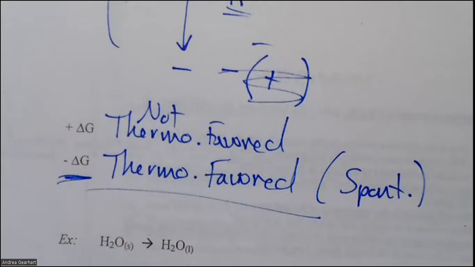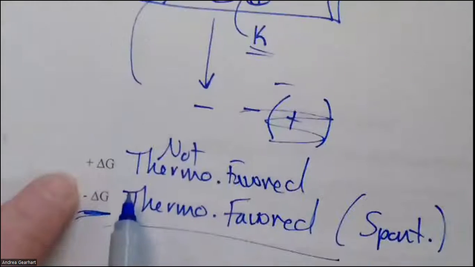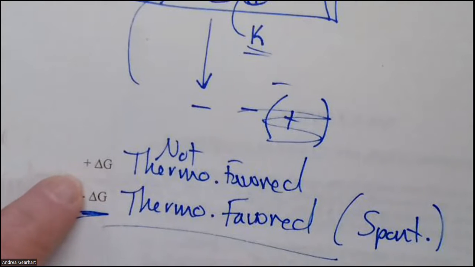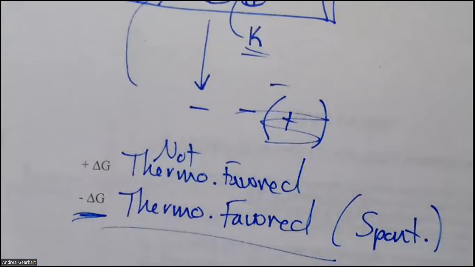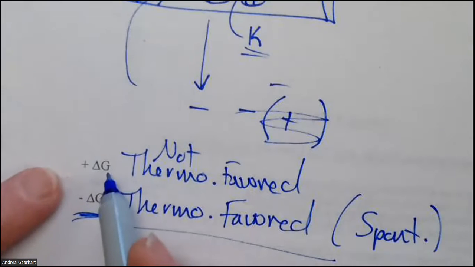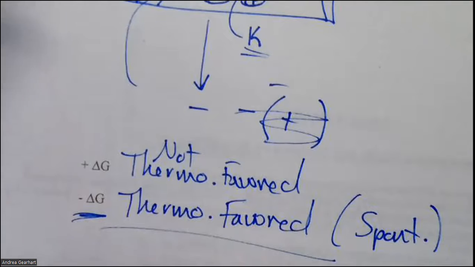That's the work that's free for us to tap into. If it's positive, that's the work we have to do, either by inserting a certain amount of heat or something else. So if it's negative, that's how much work we'll get out of the reaction, whereas if it's positive, that's how much work we have to do.